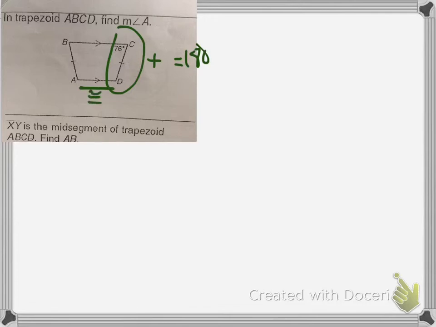However you want to remember that, I would write that in there. So 180 minus 76 is 104, and so A is 104 degrees. Again, look for something simple, don't overthink it.